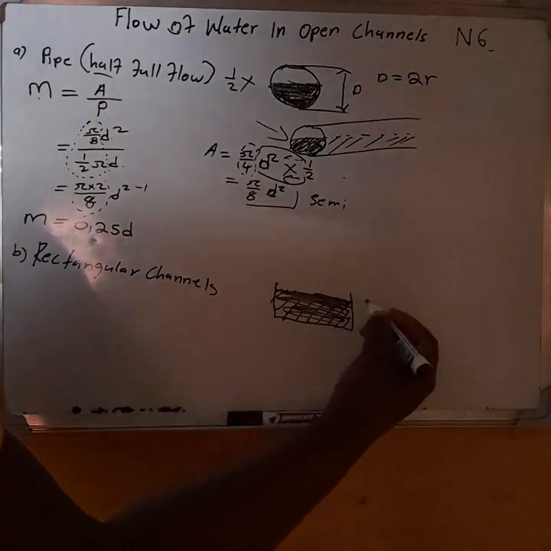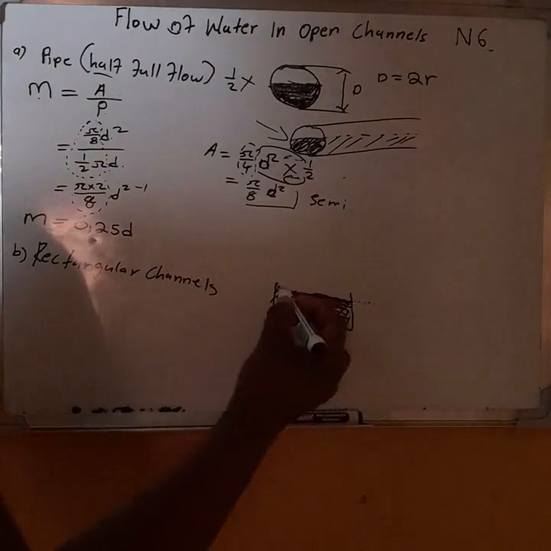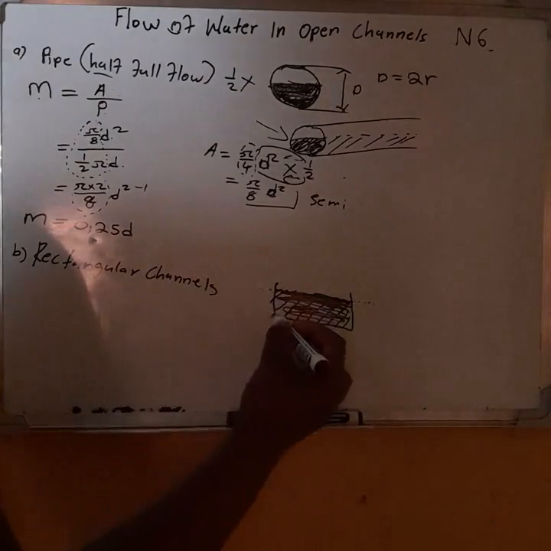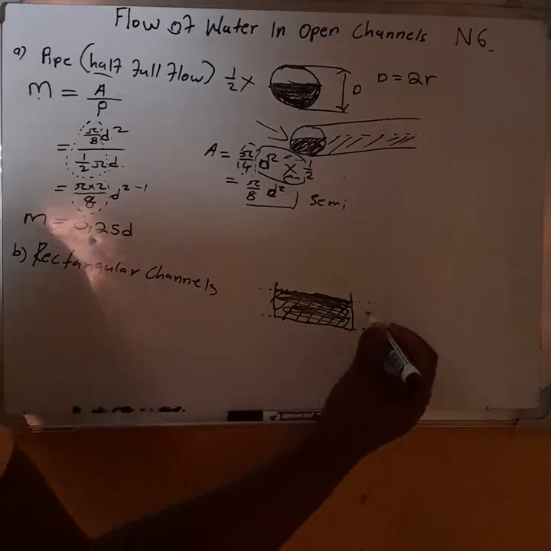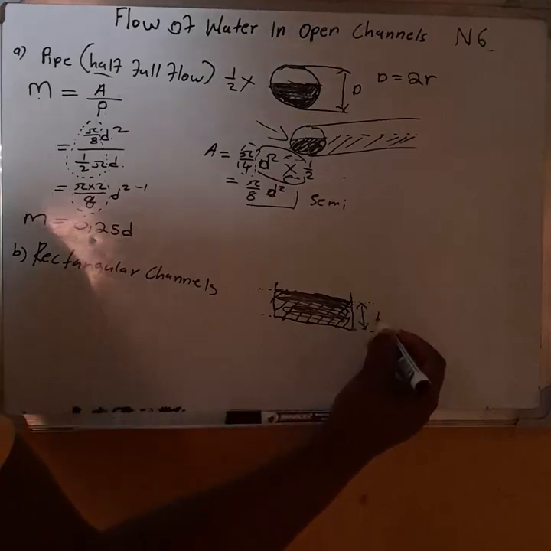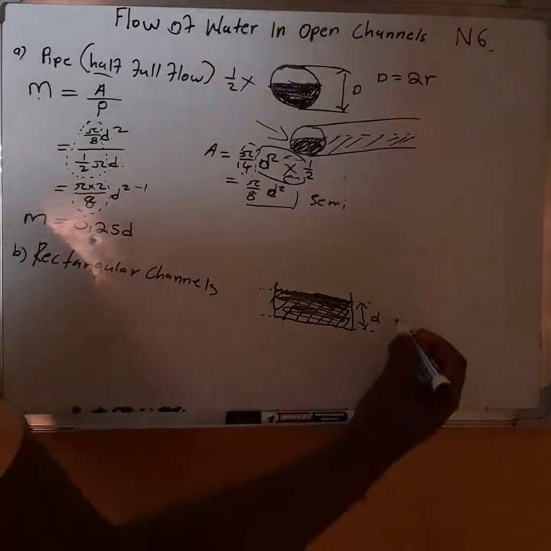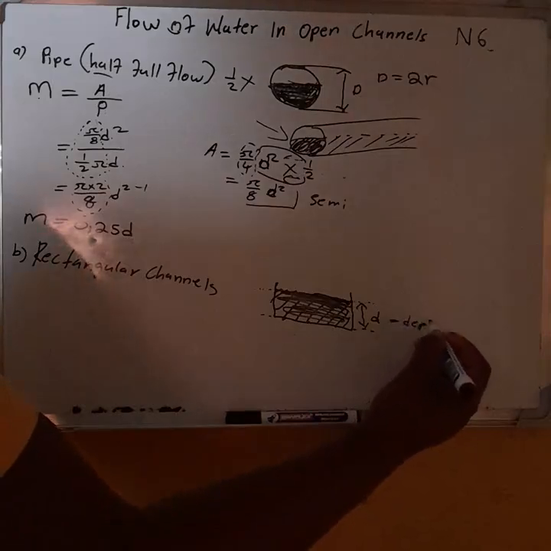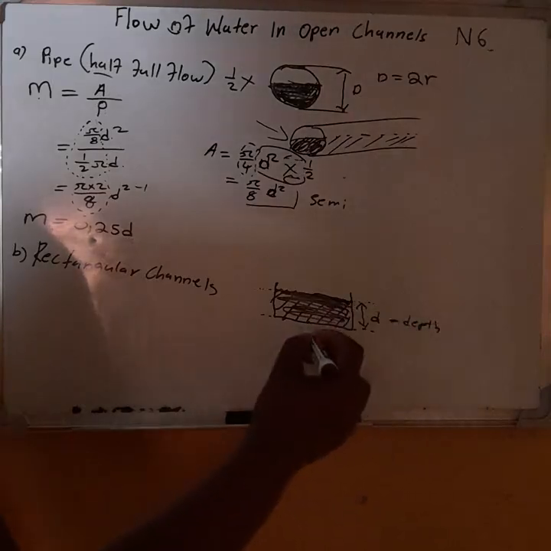We know this mathematically. We're taking from where the water starts, here and here at the bottom. What is this supposed to become? It's a depth. D is equal to the depth, right?